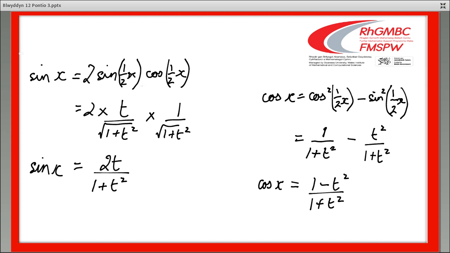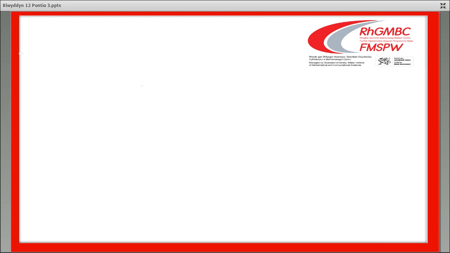Now, when it comes to the tan x, from the work that you've done in Unit 1 of the A-level mathematics, you know that tan of x equals sine of x divided by cos of x.